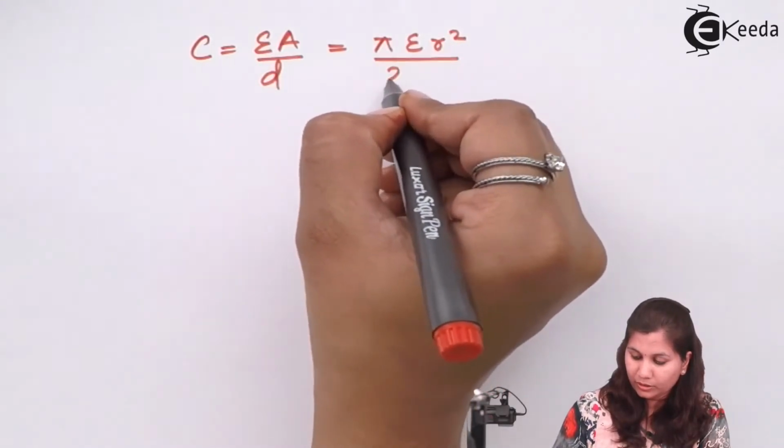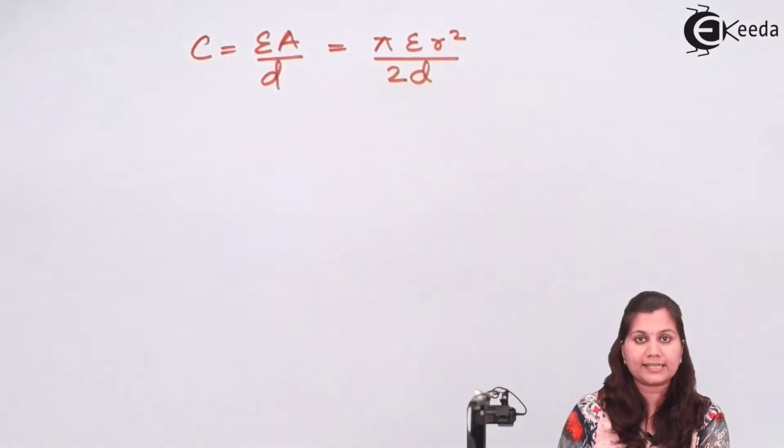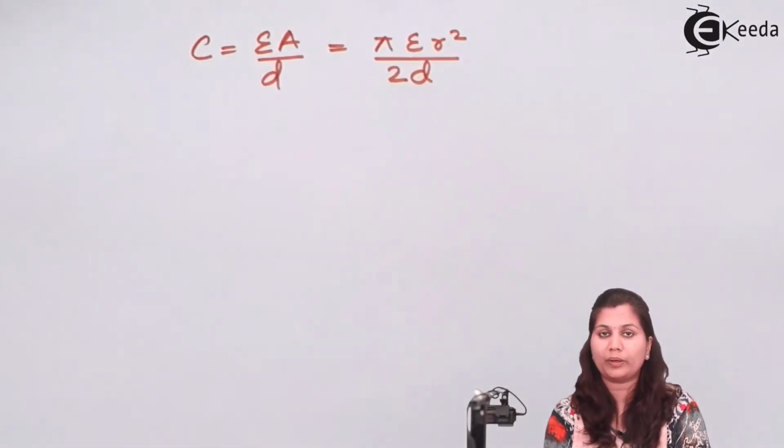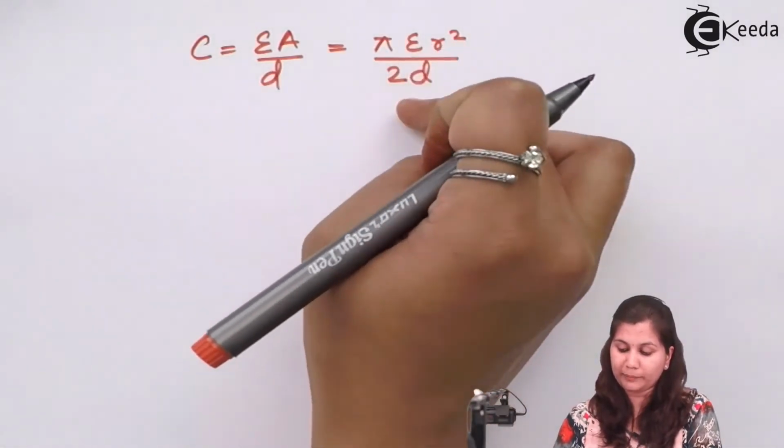Because it is a semicircle, for a circle it is pi r square, and for a semicircle it is pi r square by 2.